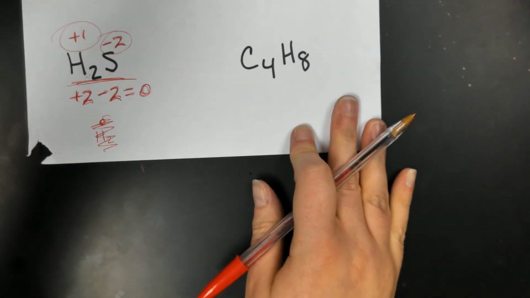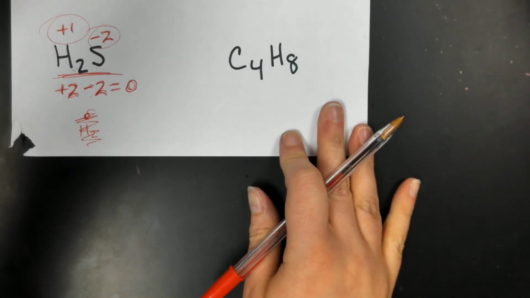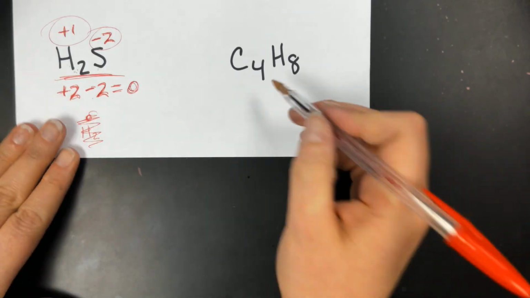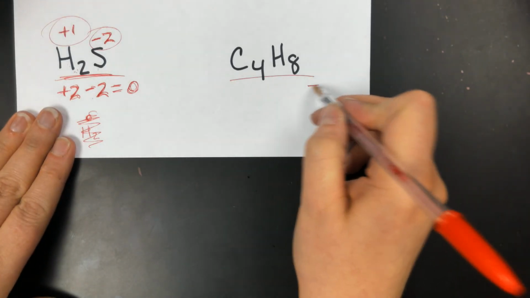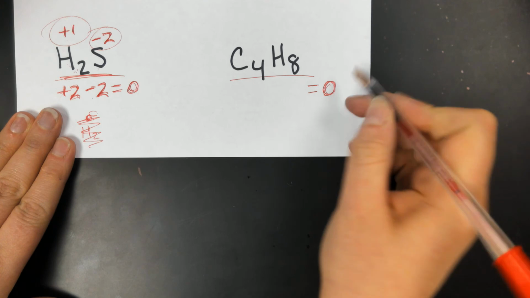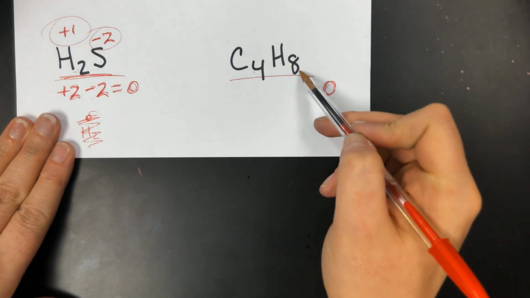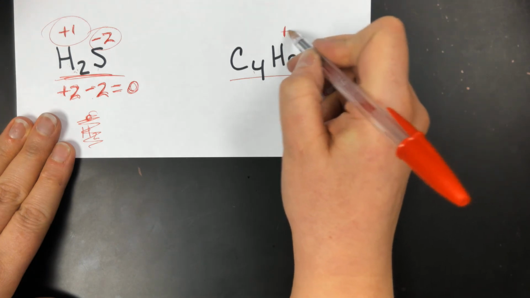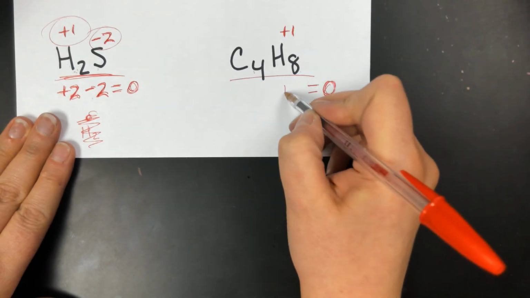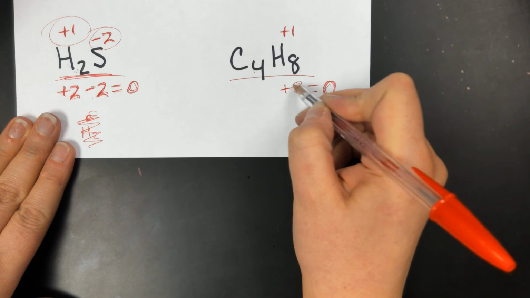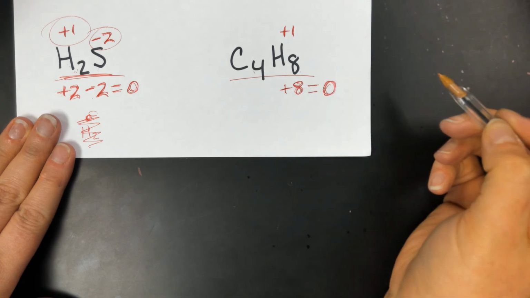Last but not least, let's determine the oxidation numbers of these elements. So it's going to equal 0 because it's not an ion, right? There's no ionic charge here. Don't have a rule for carbon, but I do have one for hydrogen. It's going to be a +1. So a total of +8 is going to be brought to the party because of hydrogen.